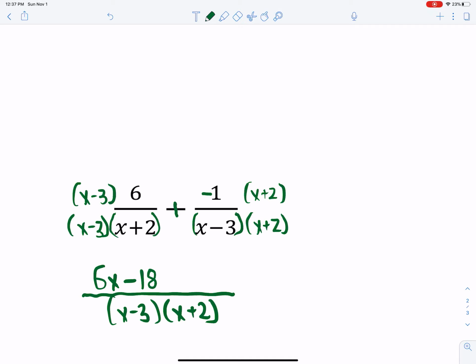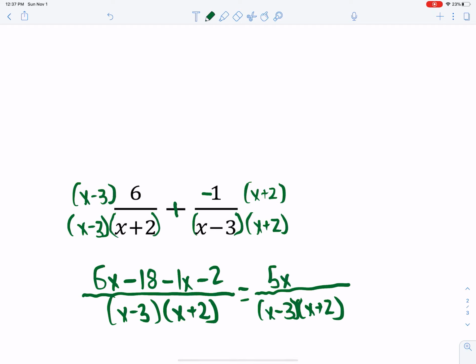For the second one, negative 1 times x is minus 1x, negative 1 times 2 is minus 2. Now I'm leaving the bottom part alone, x minus 3 times x plus 2. I combine the like terms on the top. 6x minus 1x is 5x. Negative 18 minus 2 is minus 20.